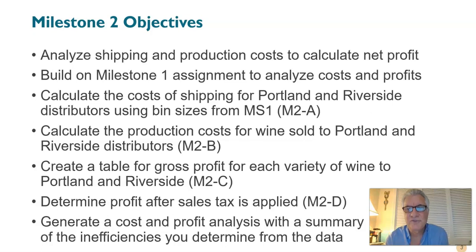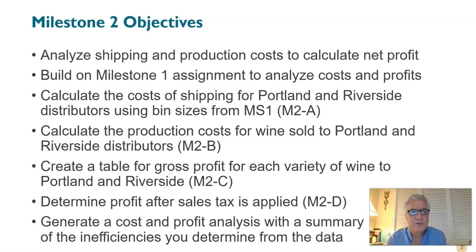It is essentially gross profit because it's going to subtract off shipping and production costs, but it will not subtract off overhead costs and other costs that the company has that would come out of the profit to create an actual net profit. So this will be basically gross profit, which is just revenue minus shipping minus production.